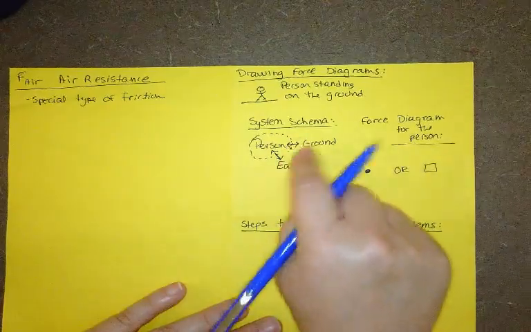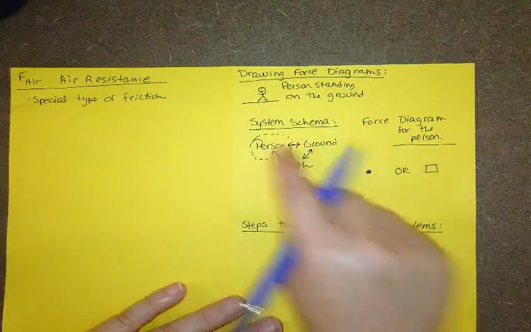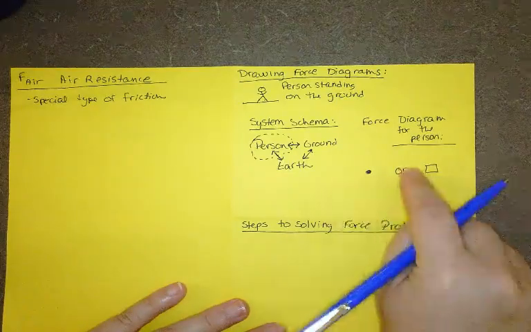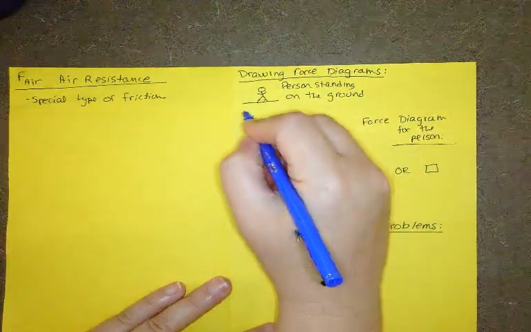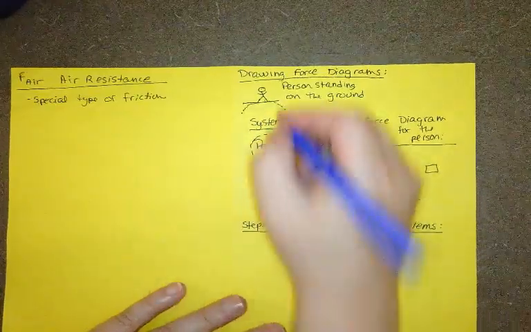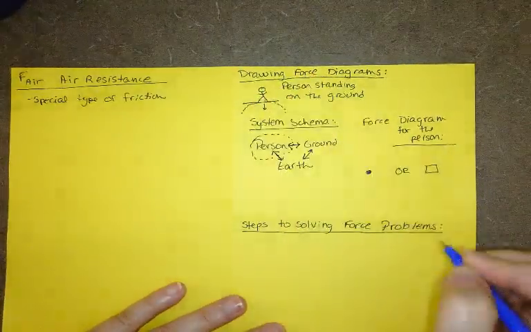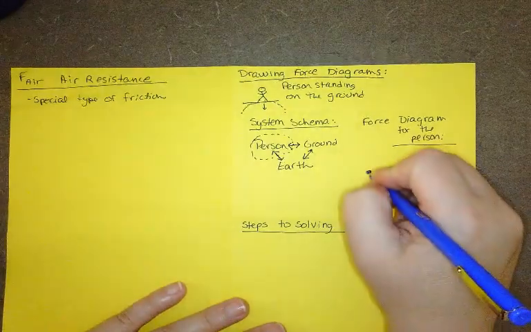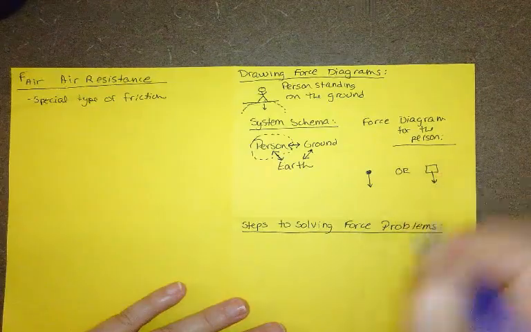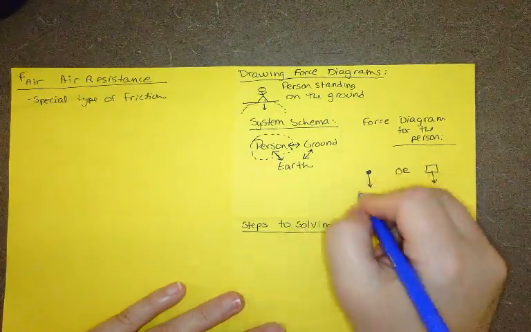Okay, so we said that the person has 2 interactions here, so there should be 2 forces on our force diagram. If we imagine the surface of the Earth in here, the direction of our gravitational force is straight down towards the center of the Earth. So on my dot or my box representing the person, I'm going to draw a force straight down.